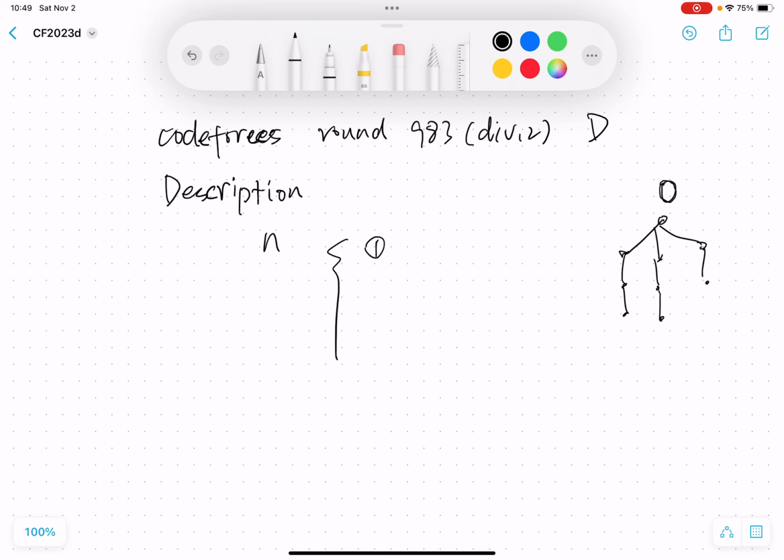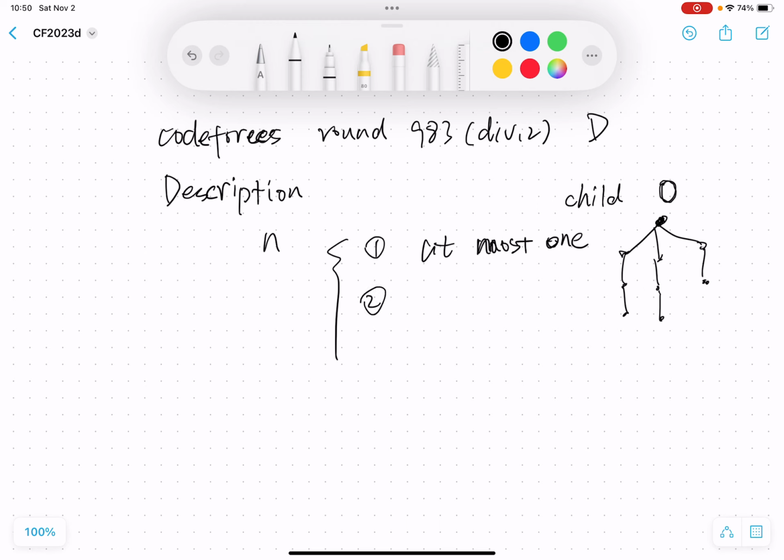So this means except node 0, every node has at most one child.